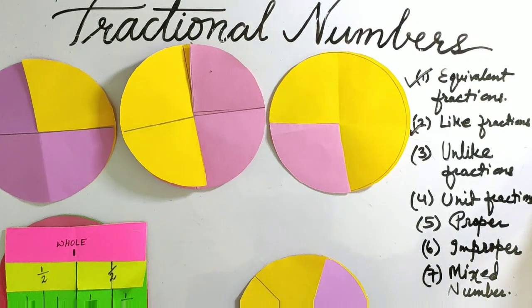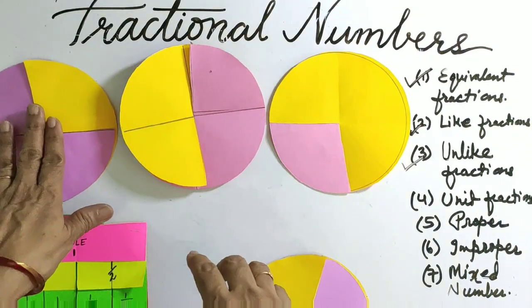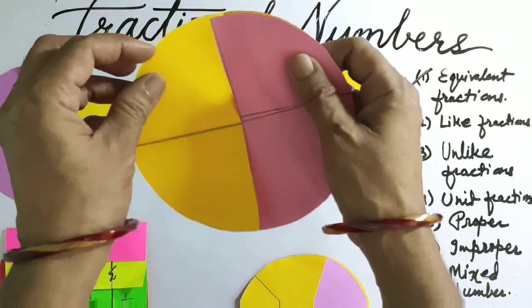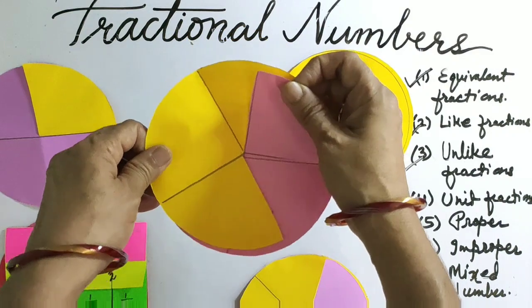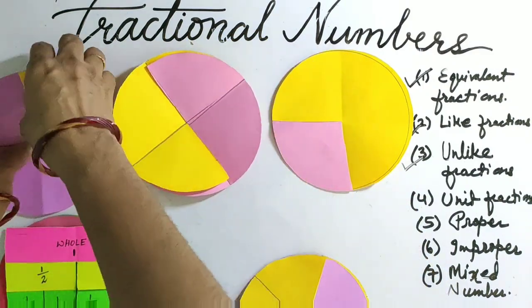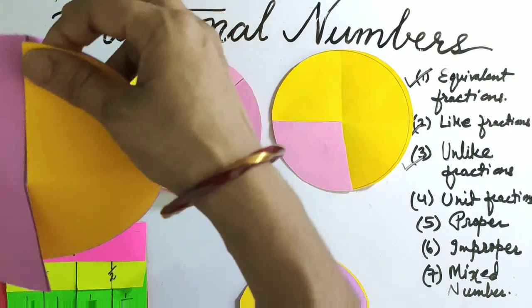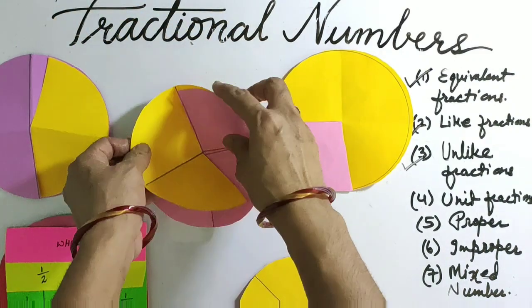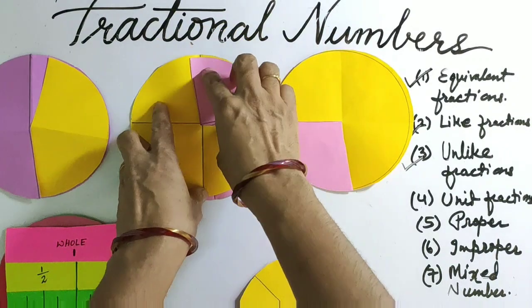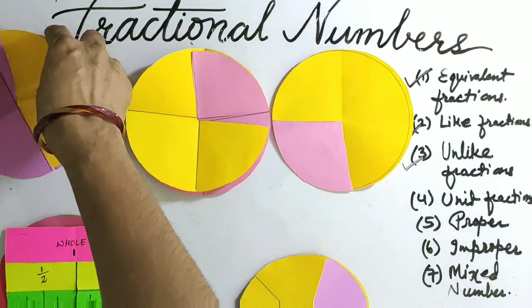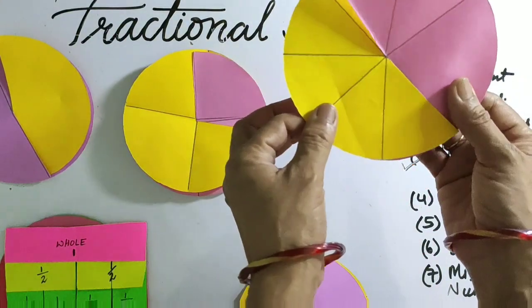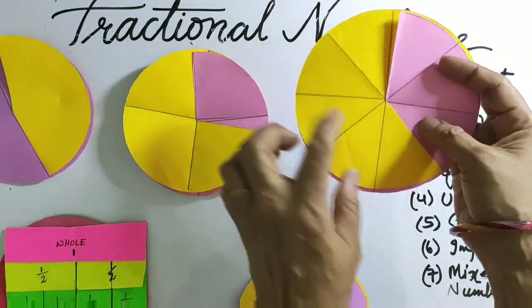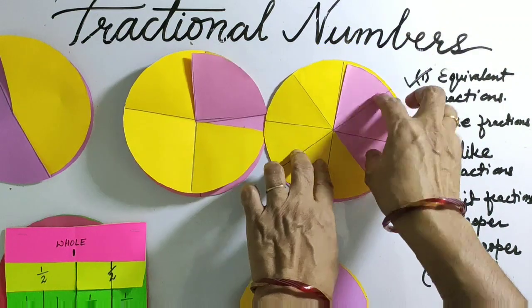The next one is unlike fraction. Unlike fraction means all the denominators are different. So 1 by 4, if you take like this, it is 1 by 2, it is 3 by 4, or you can take like this, 1 2 3 4 5, 5 by 8.